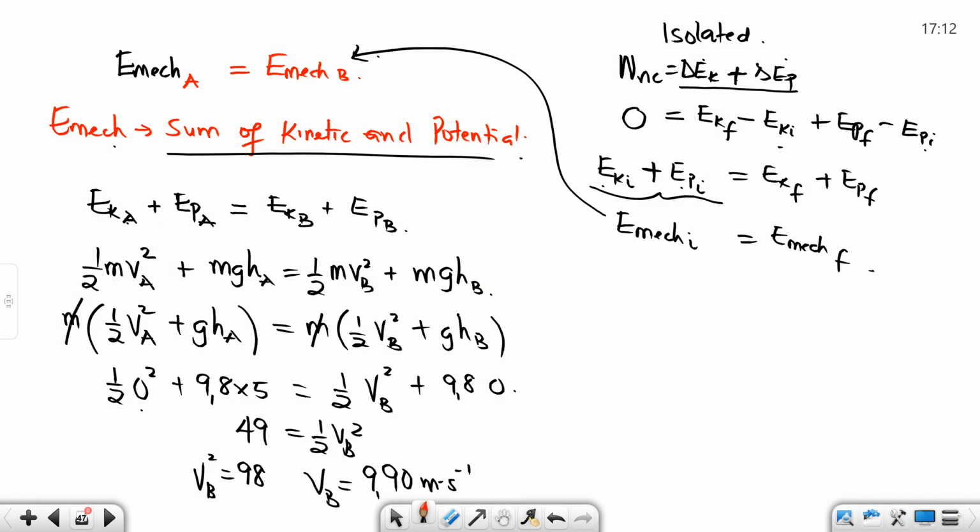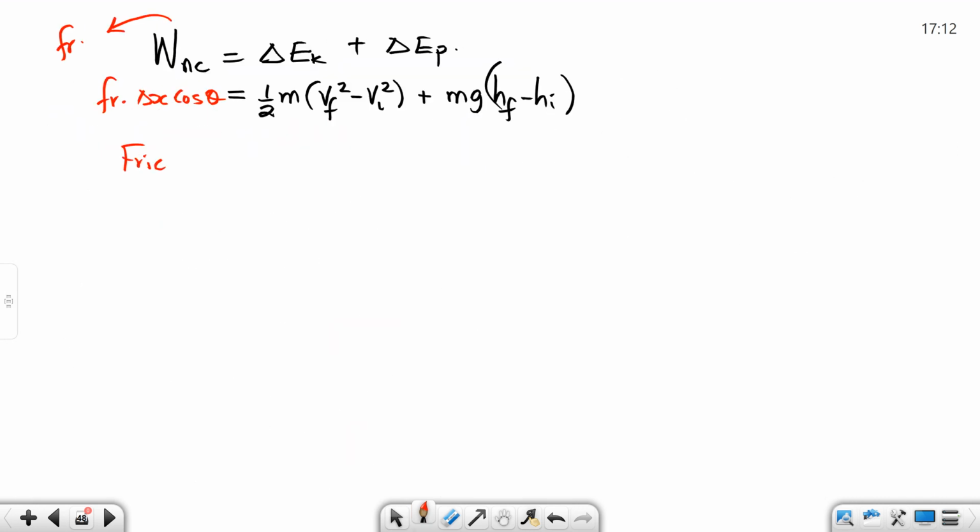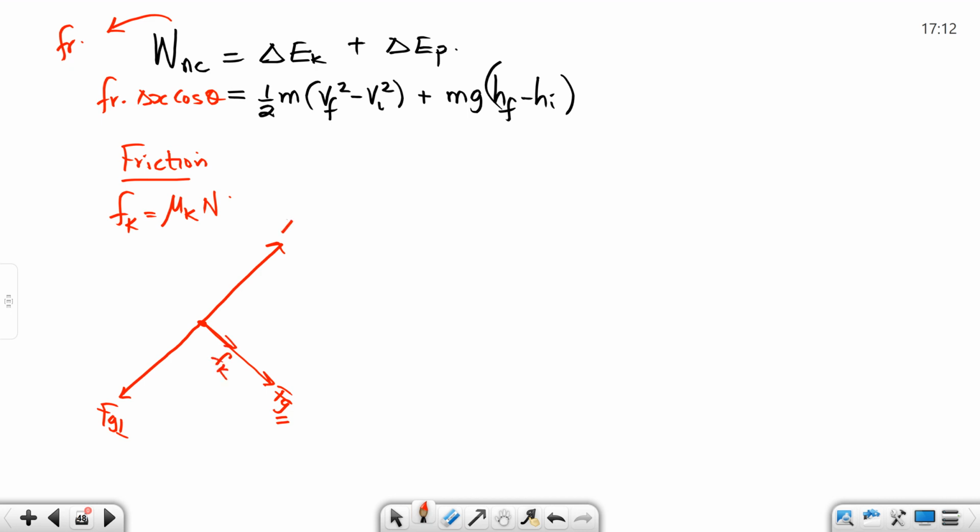What is the formula for friction? Let's go back to our empty page. So let's quickly deal with friction, everybody. It's there on your formula page: friction equals mu K normal. But my diagram looks like this. If I were to draw FG, and friction is also that way, that is normal.